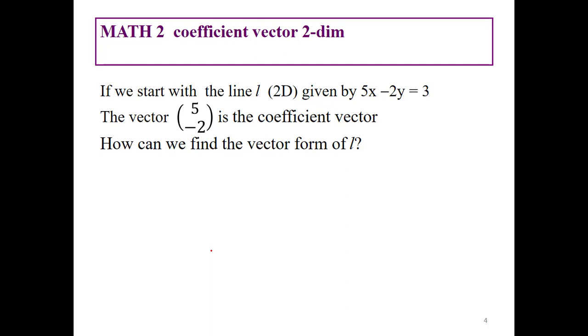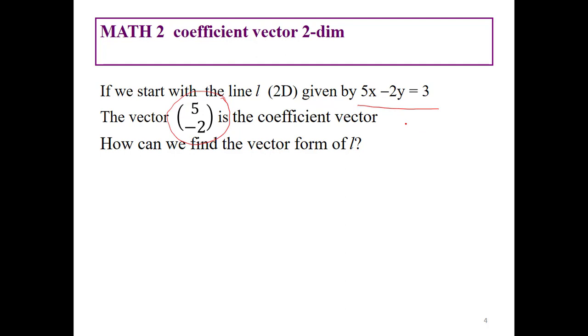Okay, we've also learned something about the coefficient vector. If we start with this equation in 2D, then the elements in front of the x and the y are called the coefficient vector. So (5, -2) is the coefficient vector.